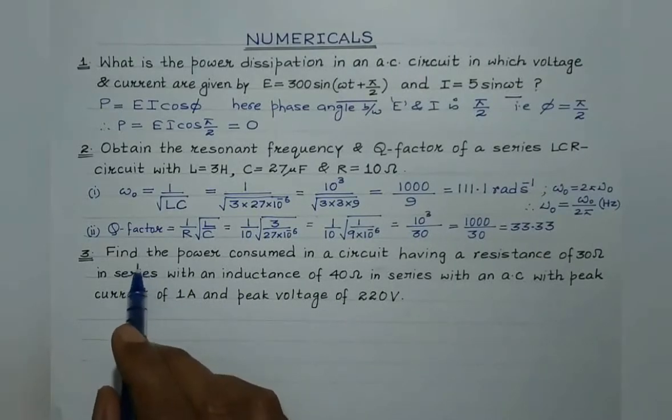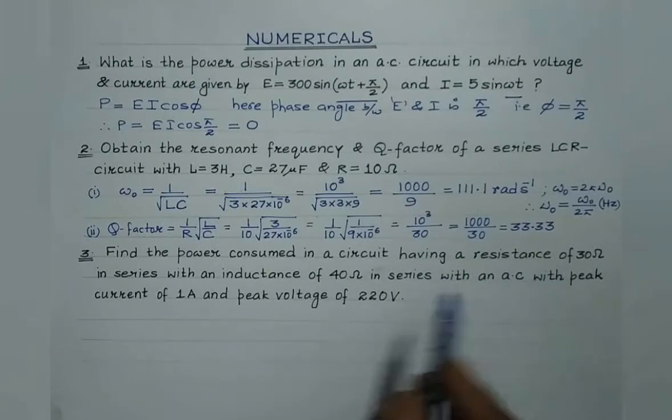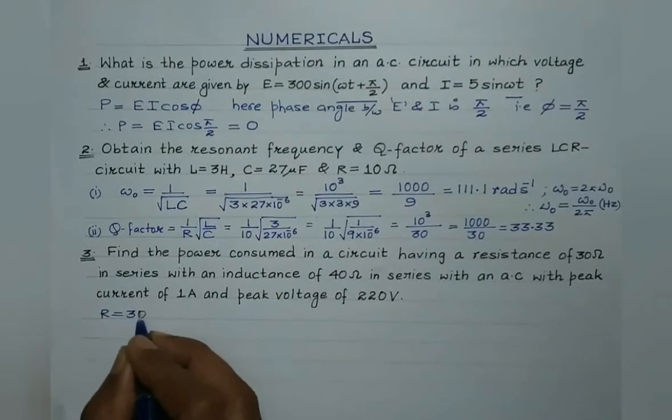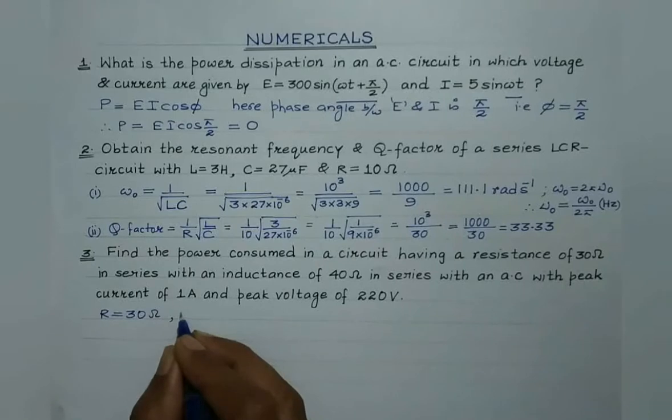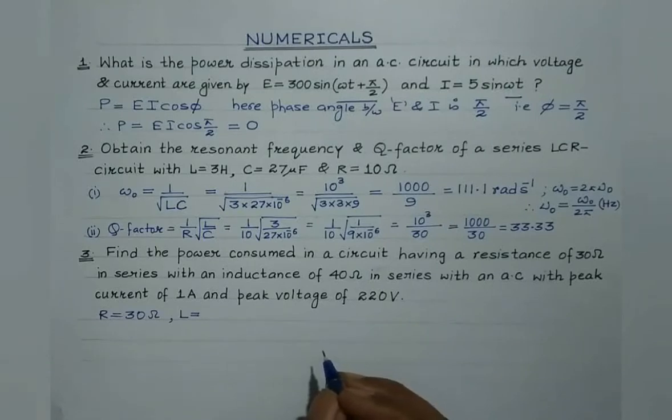Third question is, find the power consumed in a circuit having a resistance of 30 ohm in series with an inductance of 40 ohm. So the value of resistance is given. It is given to be 30 ohm. The value of inductance is given in series with an inductance of 40 ohm. Right?